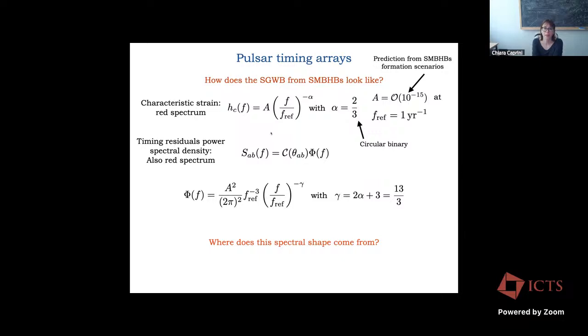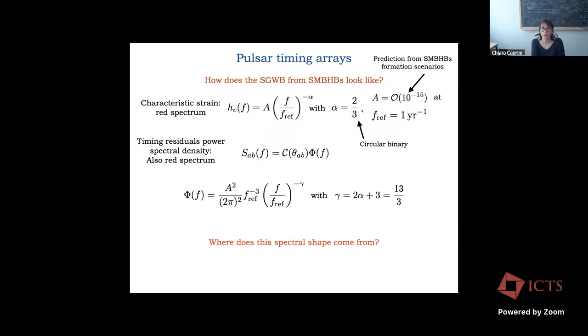And in terms of the timing residual power spectrum, this you will see when you open pulsar timing array papers: they constrain not directly this alpha, but this gamma, which is the power law of the timing residual power spectrum, which is related to alpha by this equation, and it is 13/3 if alpha is 2/3.